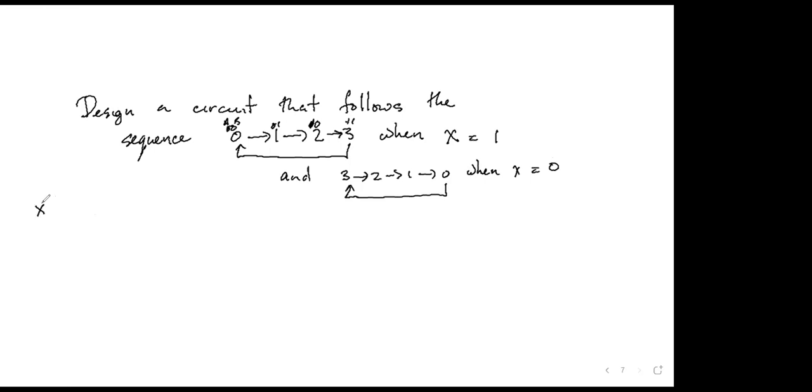So we're going to have X, A, B, JA, KA, JB, KB. So we're going to count and list all possible values of X, A, and B.